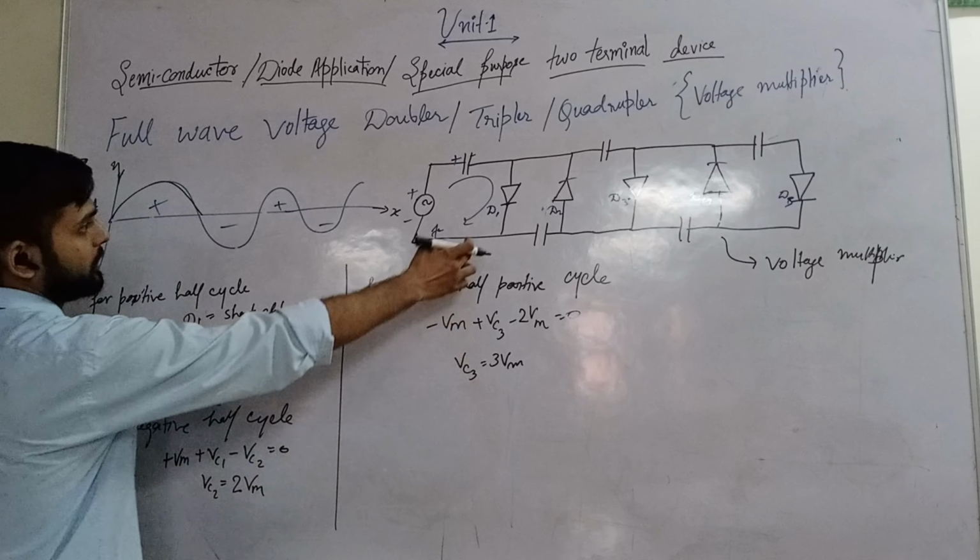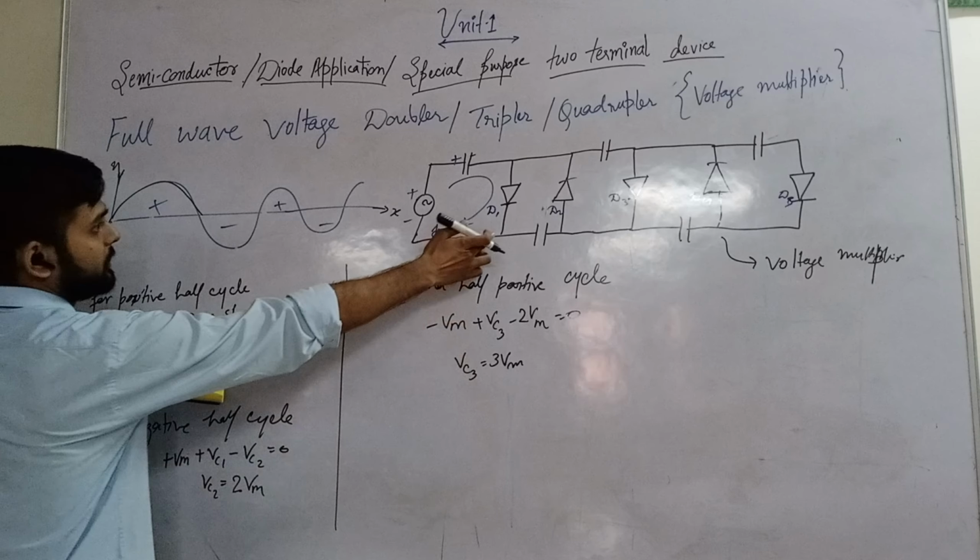Basically, D1 is short circuit because current flows this way. They cannot pass current from the other side. So minus Vm plus, this is the capacitor, Vc1, plus Vc1 is equal to 0. So Vm is equal to Vc1. This is one equation.